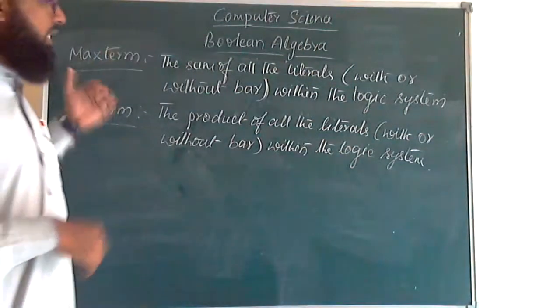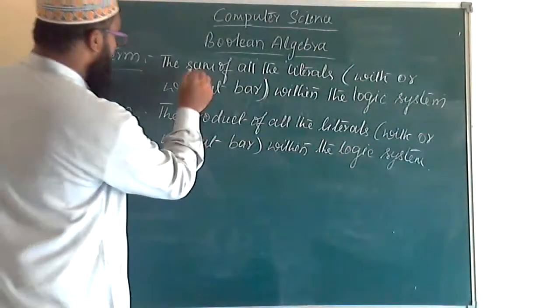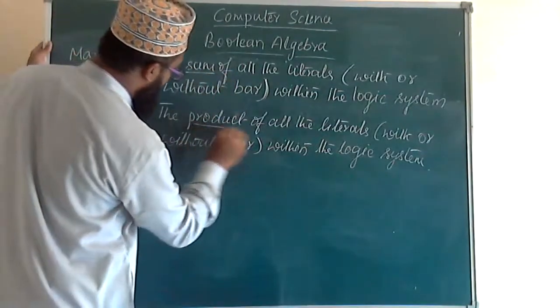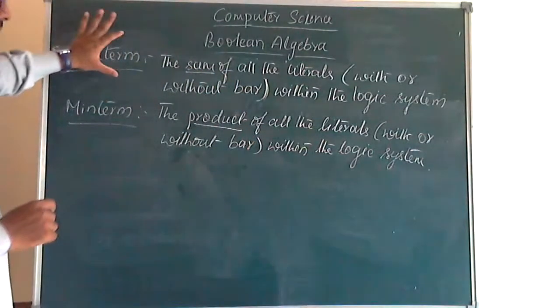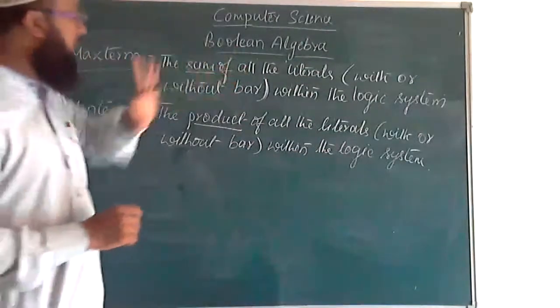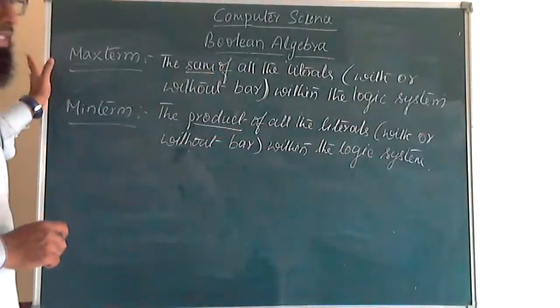Here we need to understand something. Here I will underline two words, sum and product. Okay, this is max term. Sum of all the literals, product of all the literals.